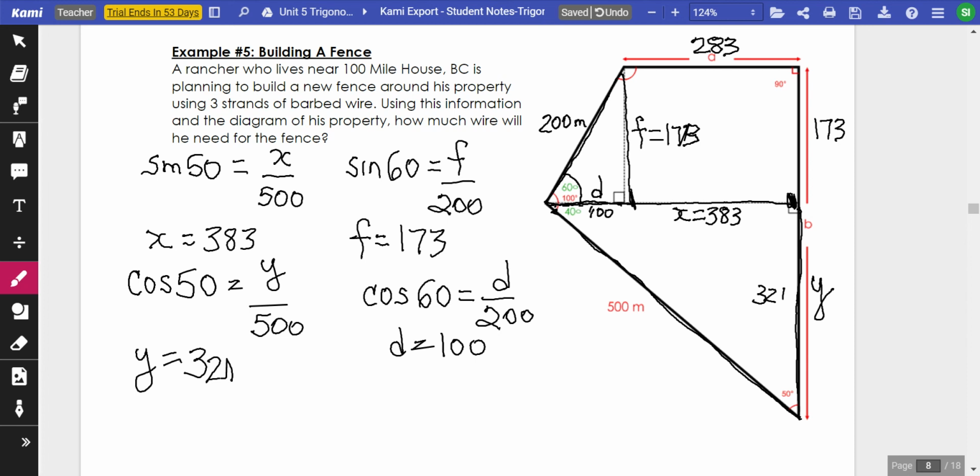So I've got 321, which is here, plus the 173, plus the 283 up at the top here, plus the 200 for this side, and lastly, the 500 down this side.